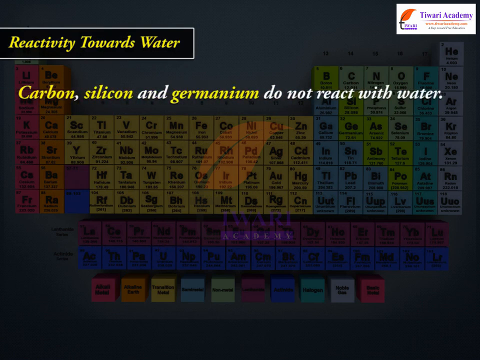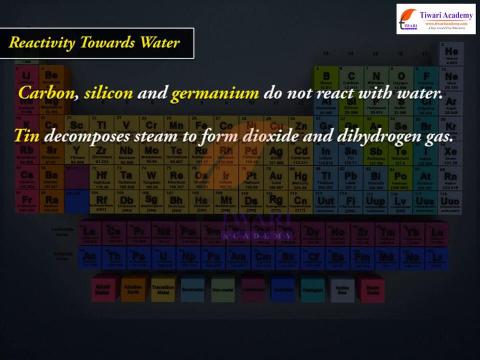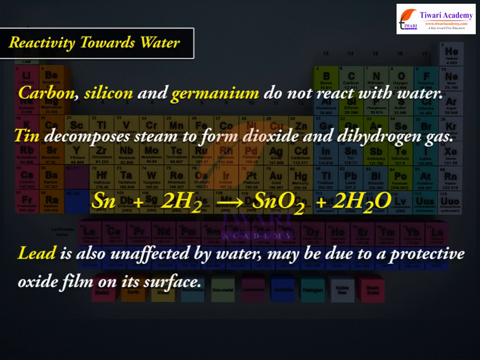Carbon, silicon and germanium do not react with water. Tin decomposes steam to form dioxide and dihydrogen gas. Sn + 2H2O gives SnO2 + 2H2. Lead is also unaffected by water, maybe due to a protective oxide film on its surface.